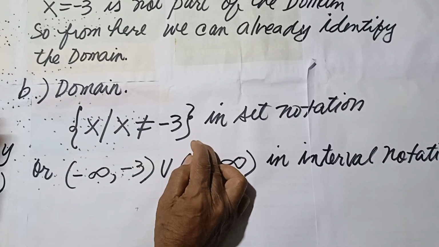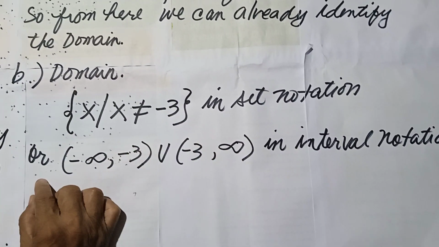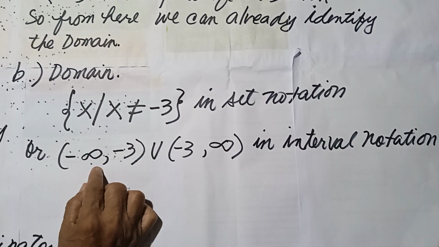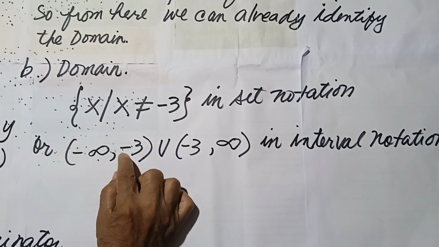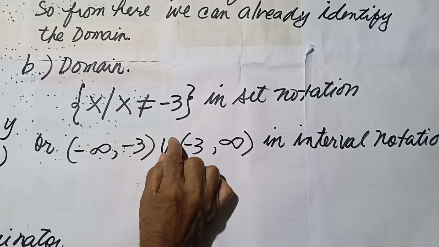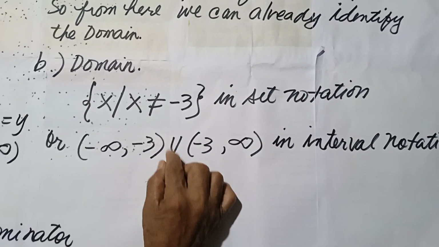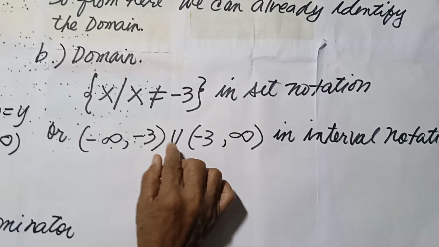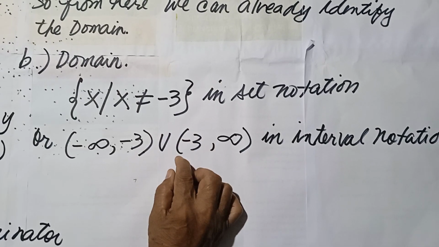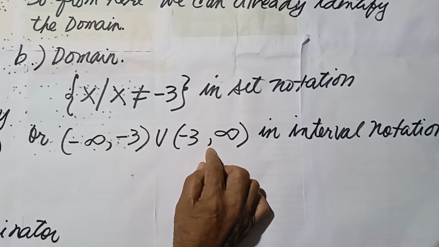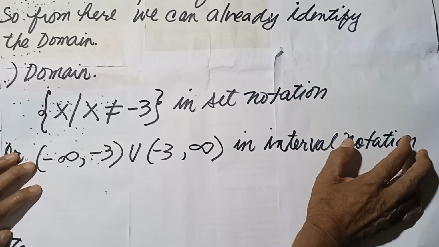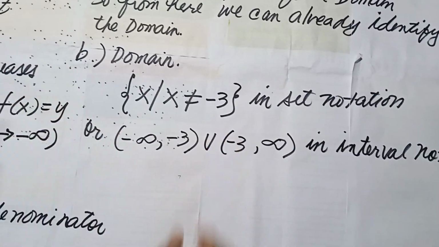Or you can name the domain through interval notation: negative infinity to negative 3, excluded, union, negative 3 excluded to positive infinity. So that is our domain.